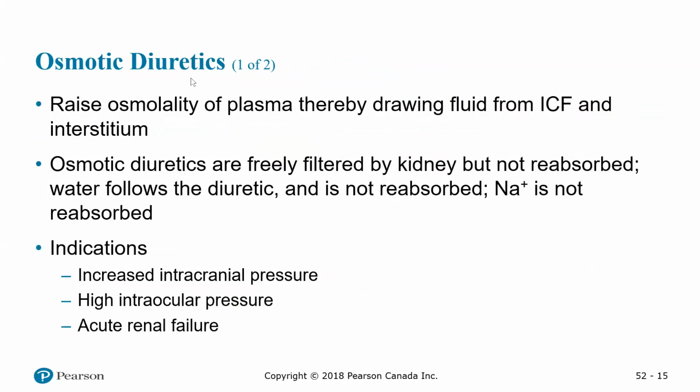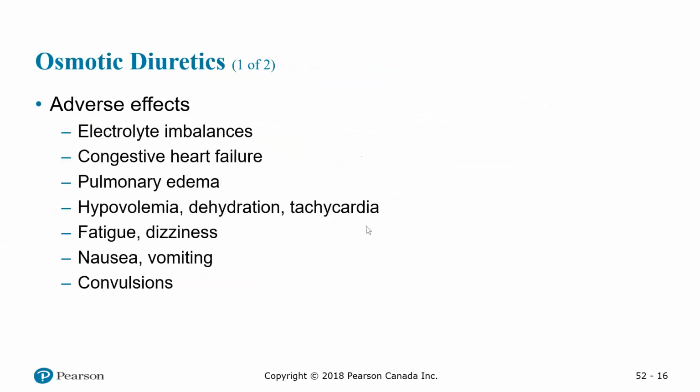And then your osmotic diuretics, I told you, are for patients who have head injuries and increased intracranial pressure. And then, of course, the adverse effects are everything because they've lost all their electrolytes, and they can develop all the things we would avoid with any other diuretic.